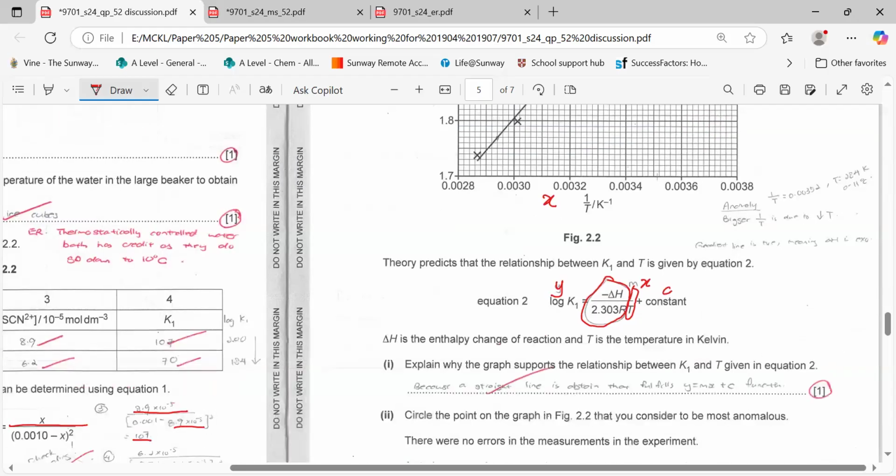Delta H is the enthalpy change of the reaction and T is the temperature in Kelvin. Explain why the graph supports the relationship between K1 and T. Why? Okay. Because a straight line is obtained that fulfills the y equals mx plus c function.